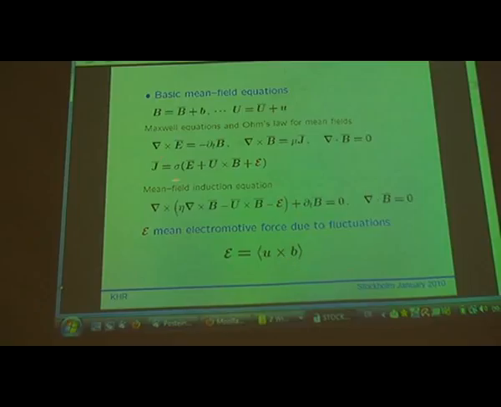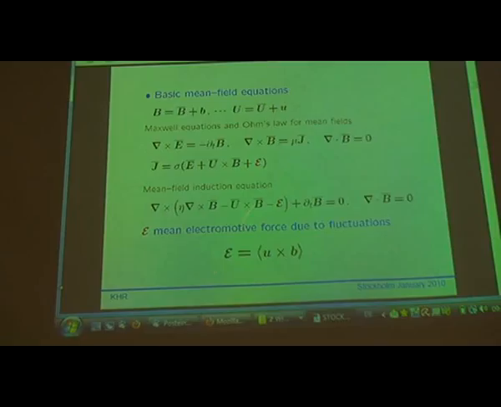You have in Ohm's law an additional electromotive force. Perhaps you remember what I said yesterday. I wrote sometimes a term E external in Ohm's law, and I said it can, for example, describe the effect of a battery.